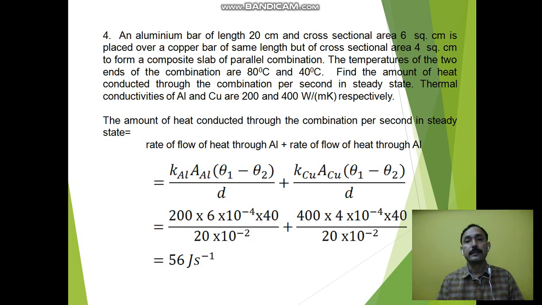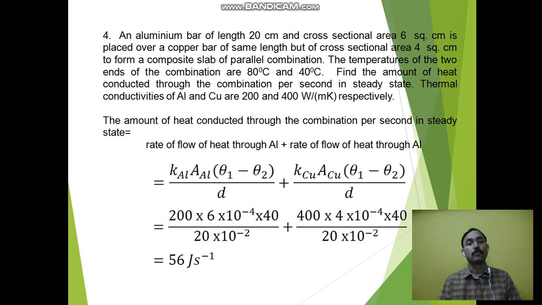The temperatures of the two ends of the combination are 80 degrees centigrade and 40 degrees centigrade. Find the amount of heat conducted through the combination per second in steady state. Thermal conductivities of aluminium and copper are 200 and 400 watt per meter Kelvin respectively.